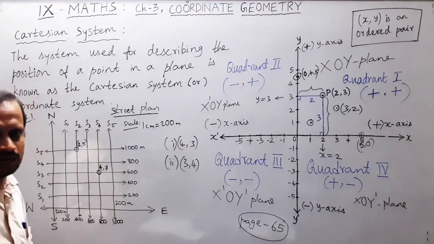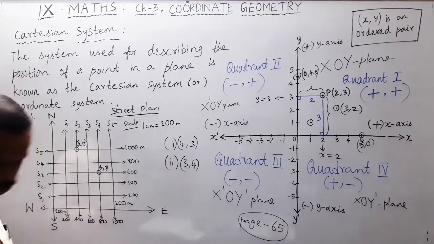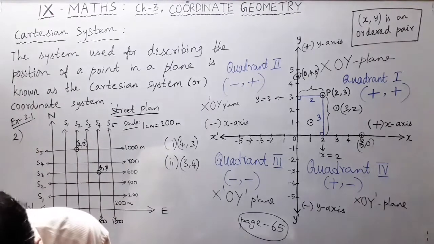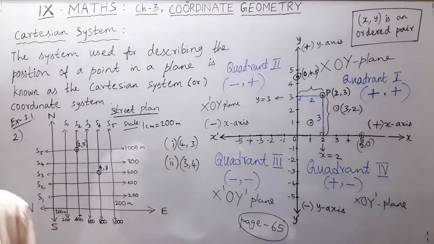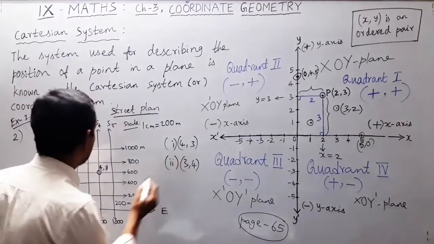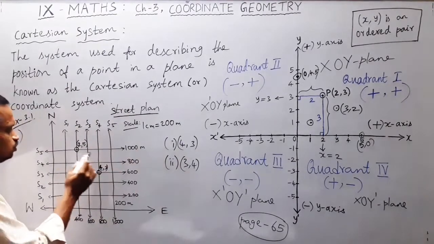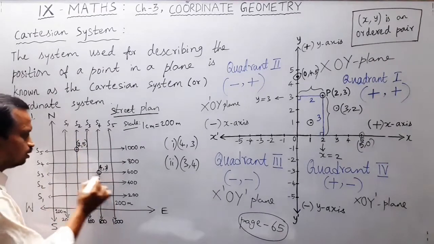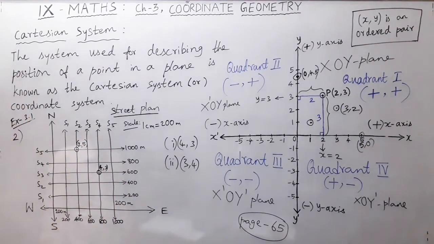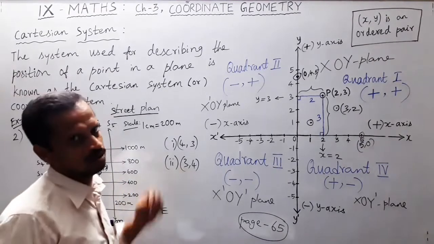So you have to answer that only one cross street can be referred to as 4 comma 3. One is 4, which represents the fourth street along the north-south direction, and the third one along the east-west direction. And coming to the next question, 3 comma 4.